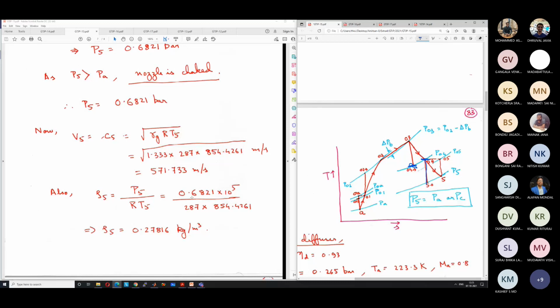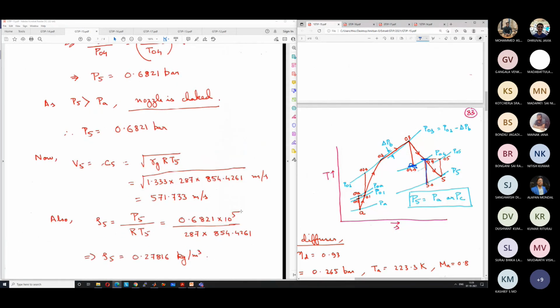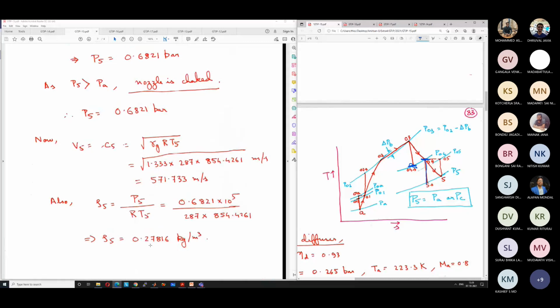P5 is 0.6821 into 10 to the power 5 Pascal, which is Newton per meter square, divided by 287 into 854.4261, where T5 is 854.4261. So this gives us a density of 0.27816 kg per meter cube.